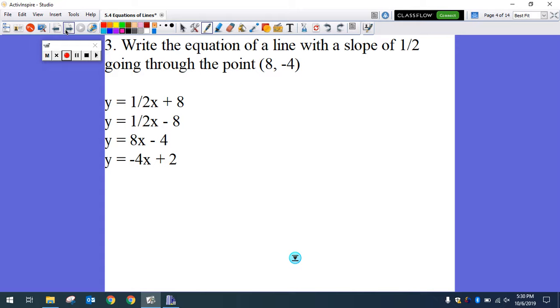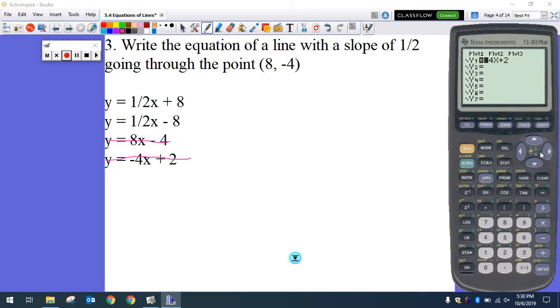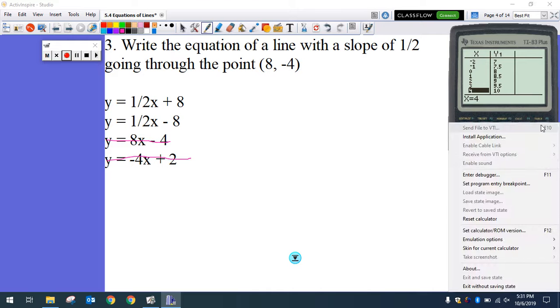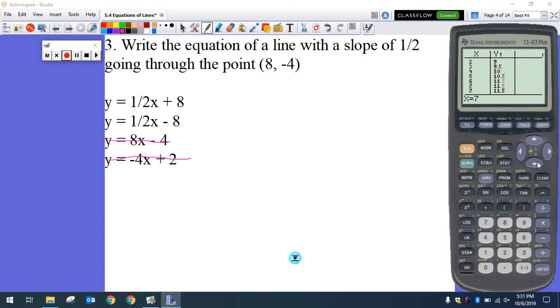All right, I'm going to let you guys try this one. So pause it and try this one really quick. All right, so the first thing you should see is that your slope is 1/2. That means you want the 1/2 to go with the x, which means it's either A or B. And then when you type them in, 1/2 x plus 8, and you go down to see if it goes through (8, -4).